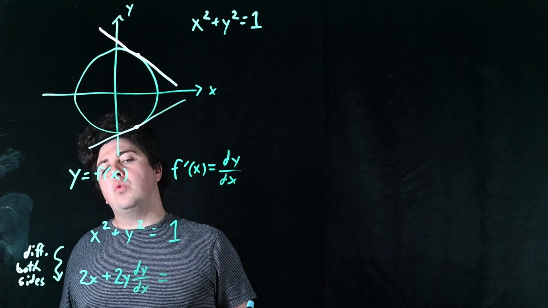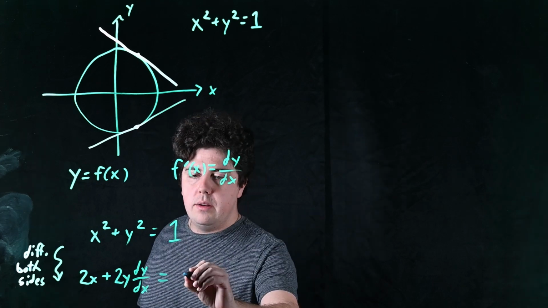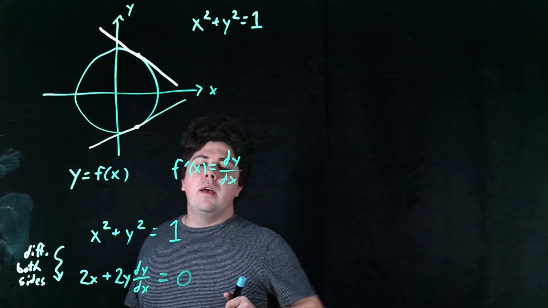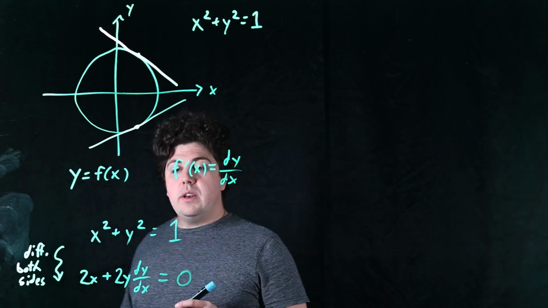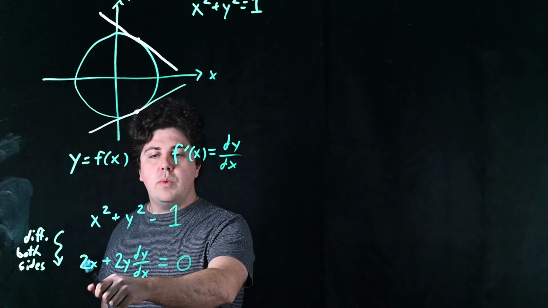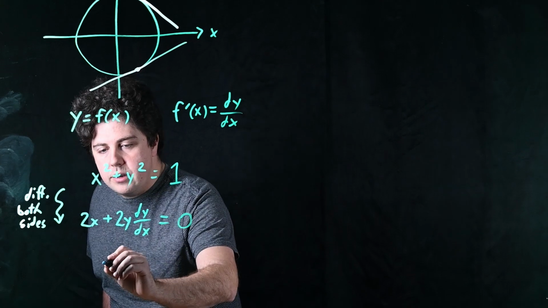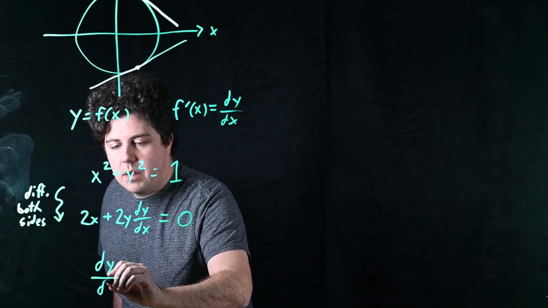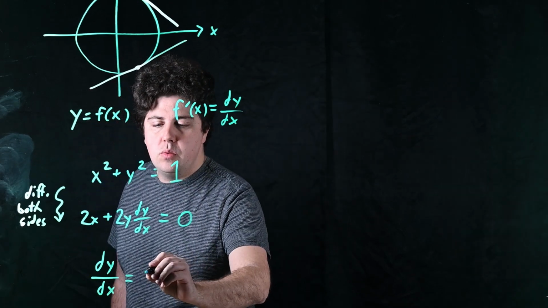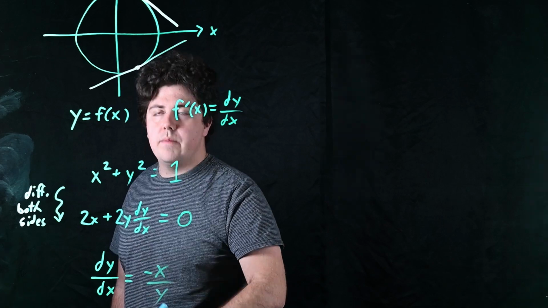And this has to be equal to, well, what's the derivative of 1? It's 0. This gives us an equation involving dy by dx, but of course we can move things around and solve for it to get that dy by dx is equal to negative x over y.